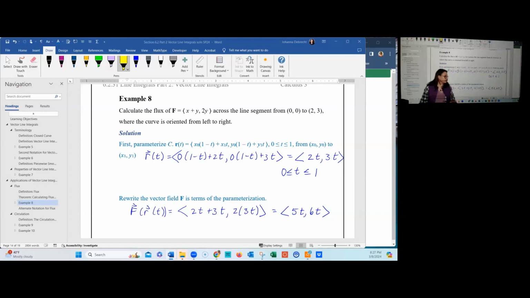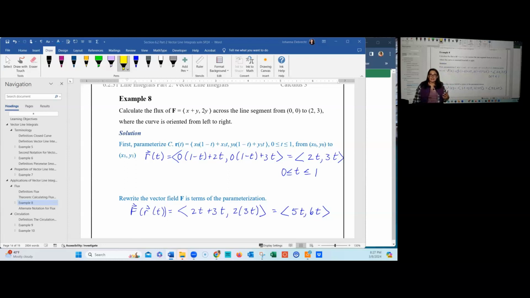The next thing I want to find is f of r of t, where I replace x with 2t and y with 3t. My vector field is x plus y comma 2y. So x plus y gives me 2t plus 3t, or 5t, for the first component, and 2y, or 2 times 3t, or 6t, for the second component.